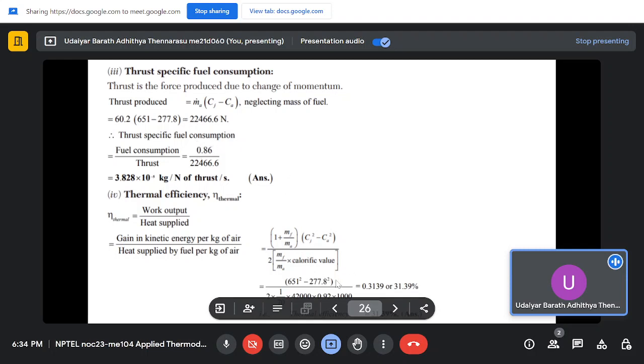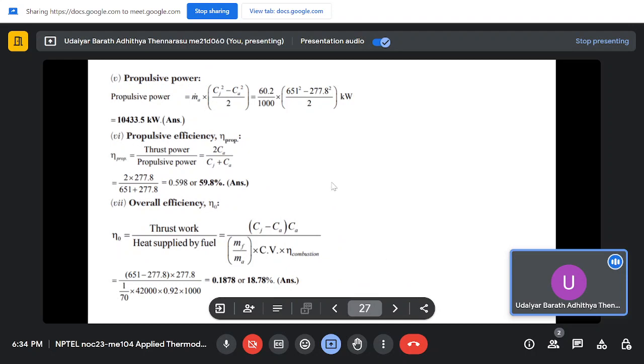It's in kilojoule, so multiply by 1000, and the combustion efficiency is 0.92. So this will come out to be 31.39%. So the thermal efficiency of the engine is 31.39%.